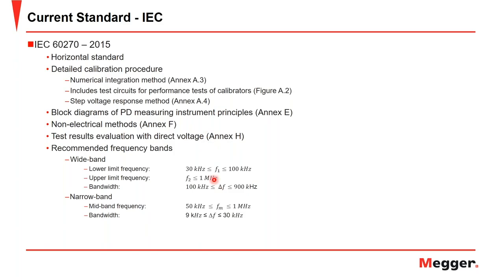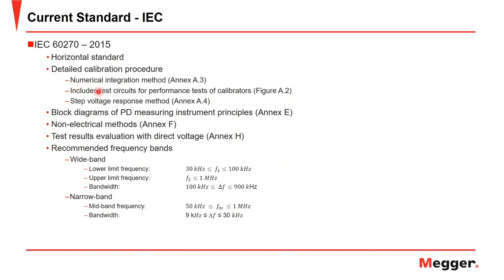So, mentioning the standards that I've mentioned plenty of times now, first we're going to talk about the IEC 60270. This is a horizontal standard, which means it's a general standard for all testing, primarily described for laboratory and workshop testing. There are vertical standards that are application-based testing. In this standard, we have a detailed calibration procedure, which we covered earlier.